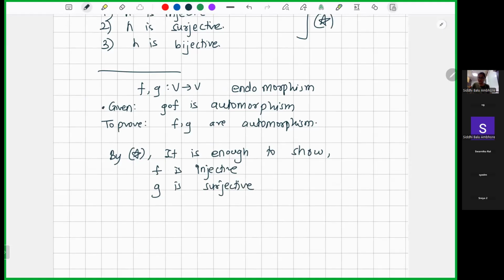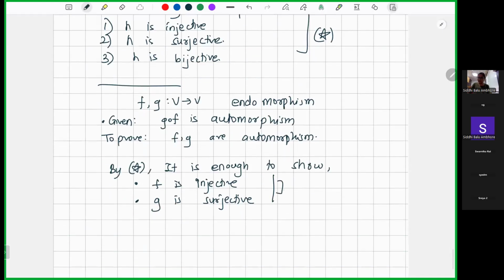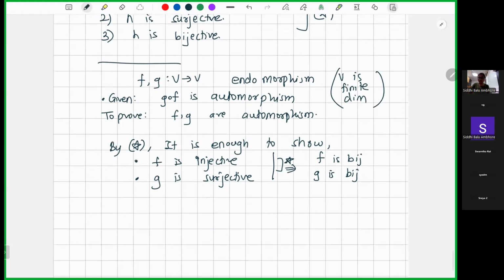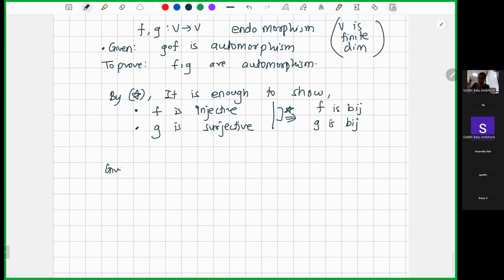Because the moment I have that, using star, F is bijective and G is bijective. So far it is clear. V is finite dimensional, and this is important here. Let us prove then: proof that F is injective.